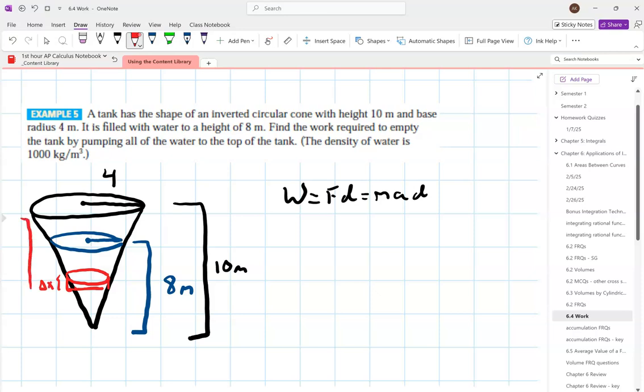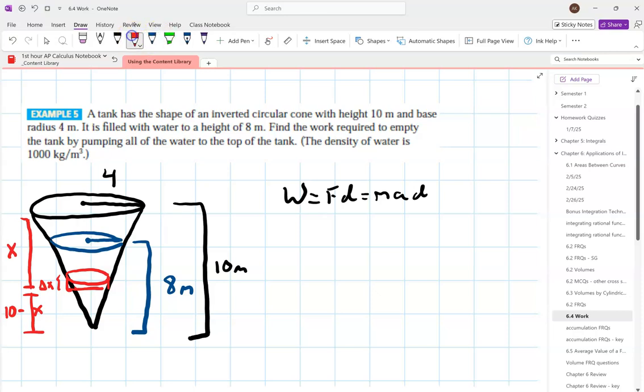And we're going to be moving that X units up, right? So the remaining height of the water is going to be 10 minus X. Can you guys see that?